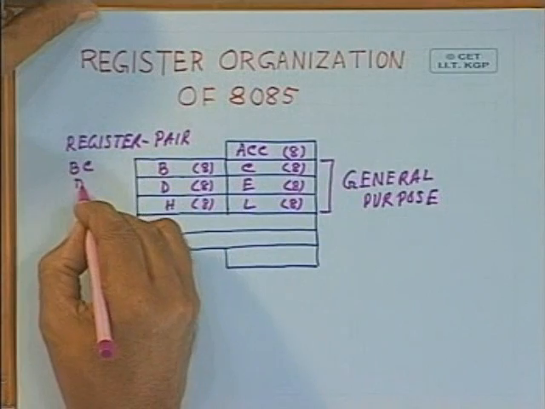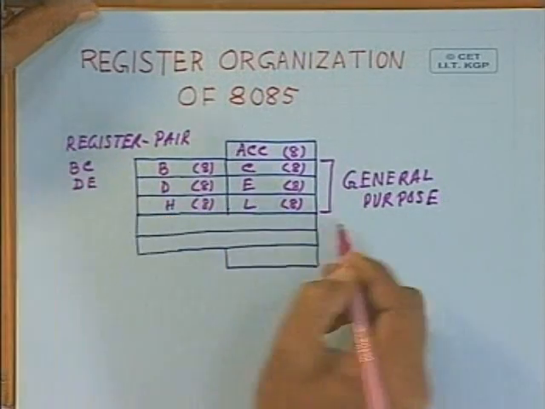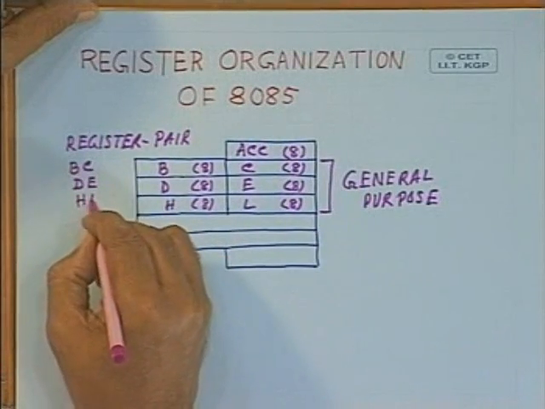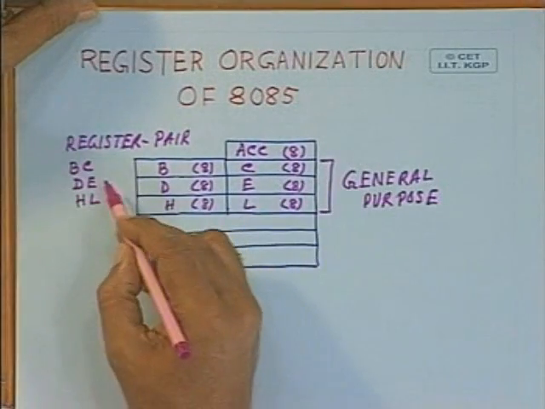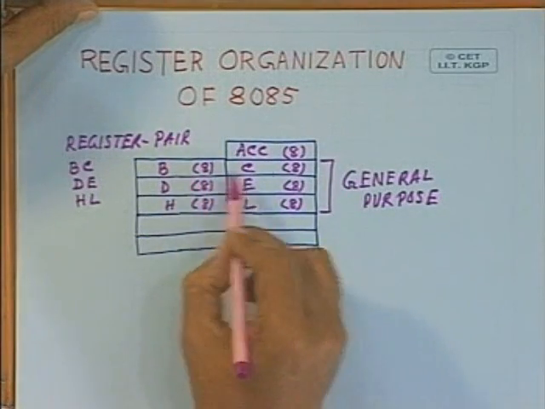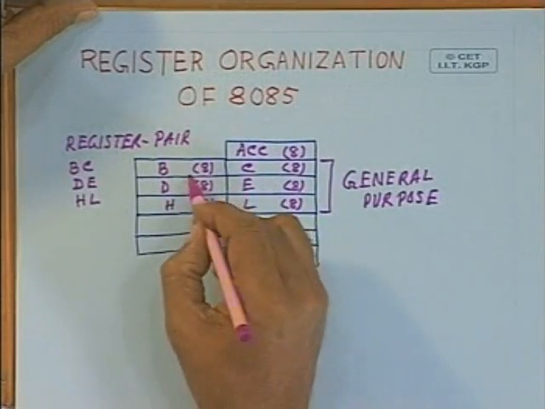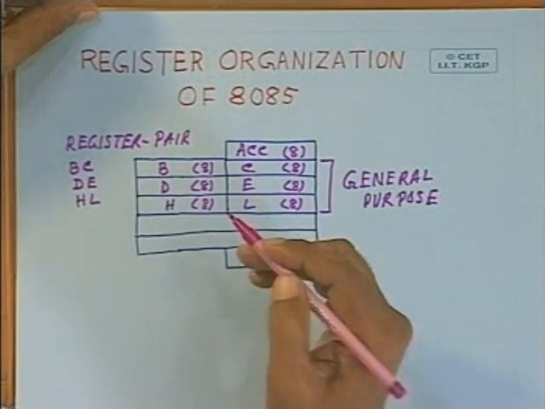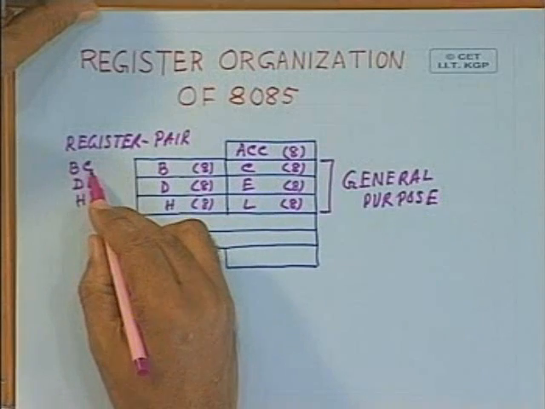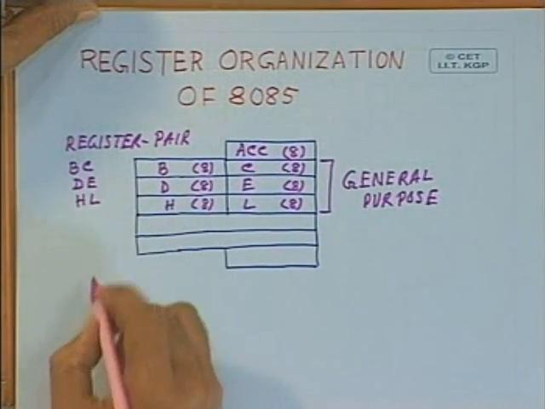Similarly, you can access D and E together as the DE register pair, and the HL register pair. So three 16-bit registers are also available, which are combinations of these individual registers. That means you can individually access them when you are storing 8-bit data, and you can access them as a register pair when you want to store 16-bit data or address.